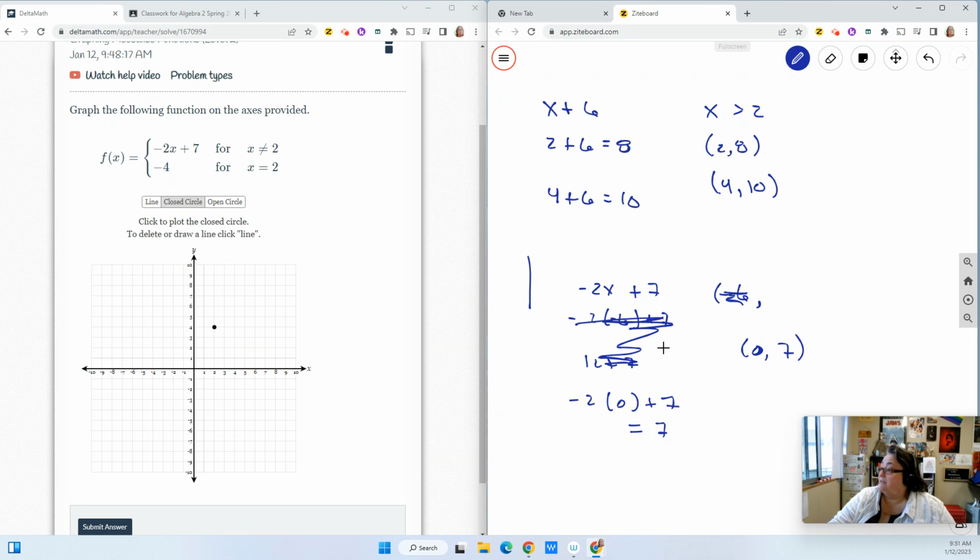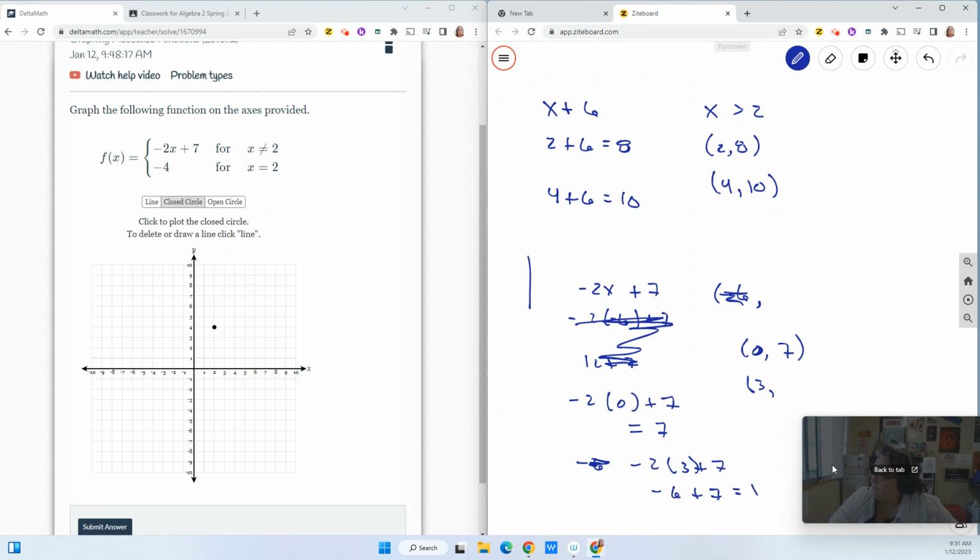So we could go like 3, right? And if I plug in minus 2 times 3 plus 7, I get negative 6 plus 7, which is just 1. So those are my 2 points, right? There's one on each side.